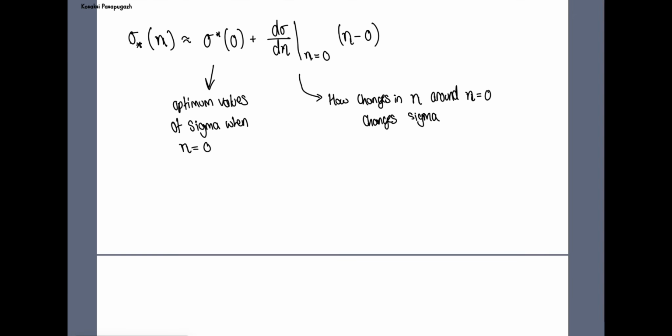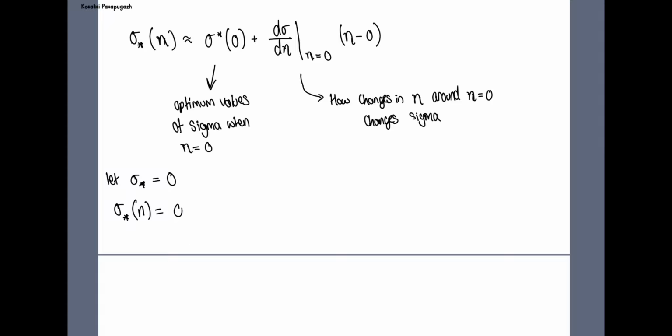So let sigma is equal to 0, we get 0 plus minus 1 over 2p times eta, so we get as a final answer minus eta over 2p.